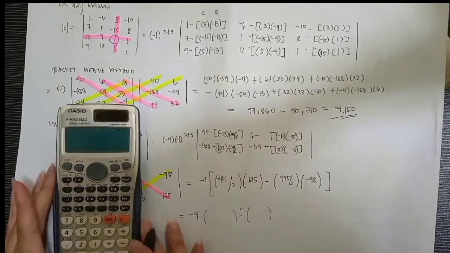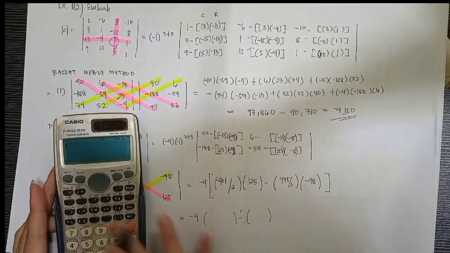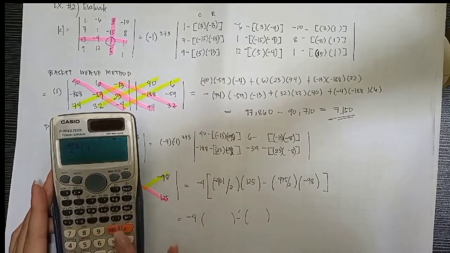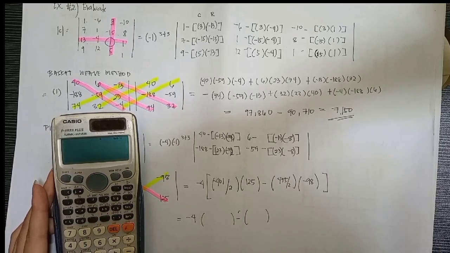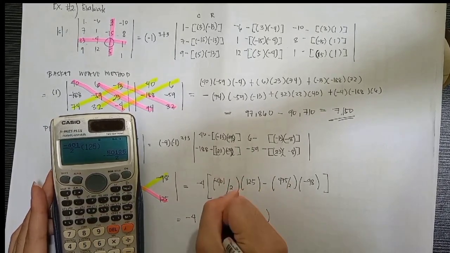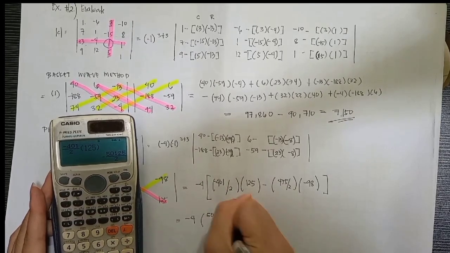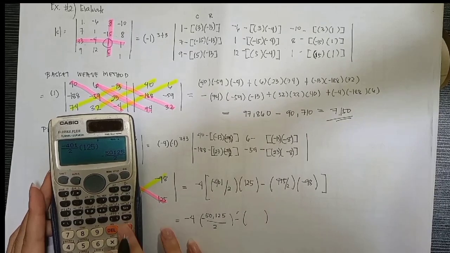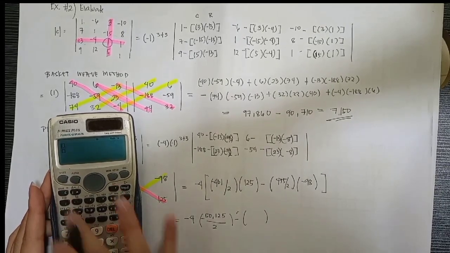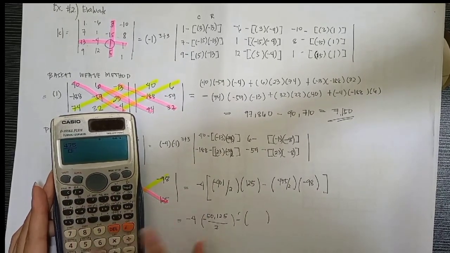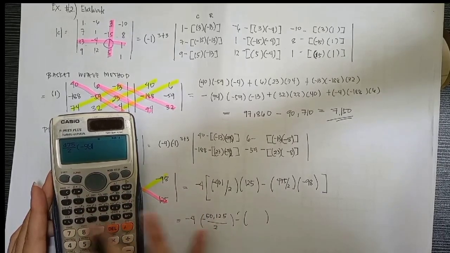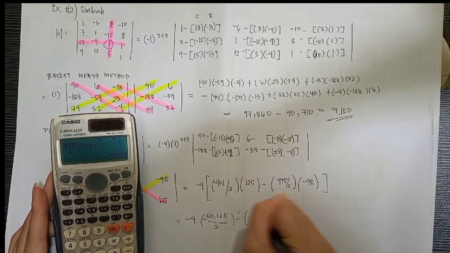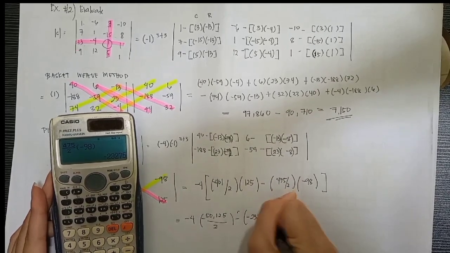Write -4 and multiply -401/2 by 125, which equals -50,125/2. Let's solve for the product of 475/2 and -98, which equals -23,275.